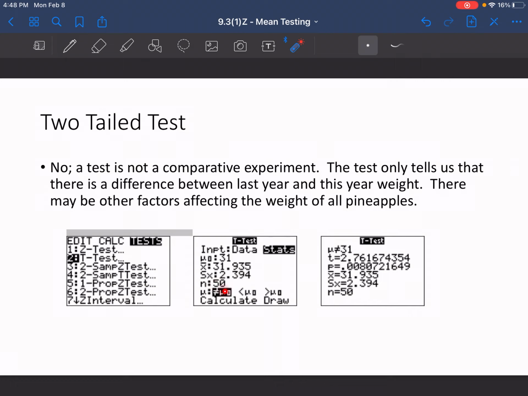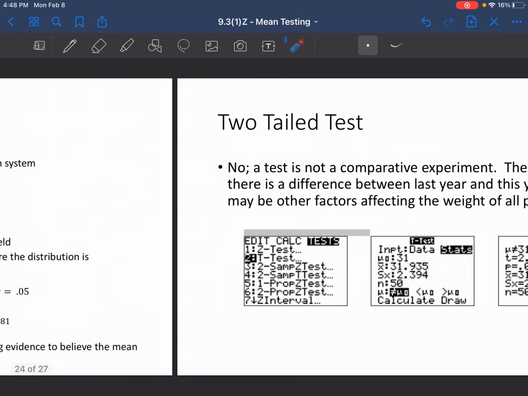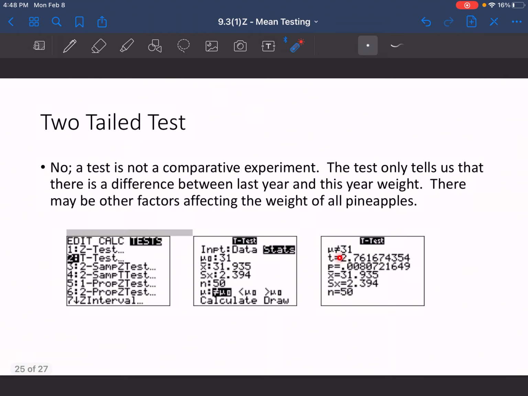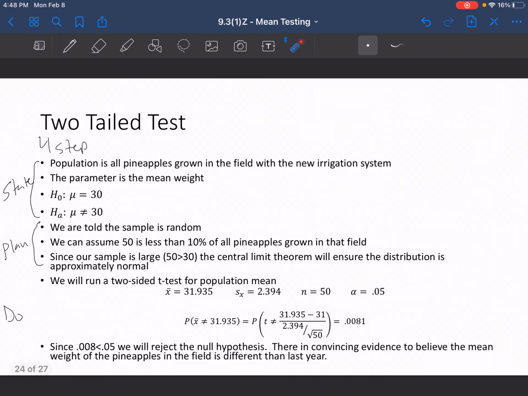And then we want to make sure that we are testing our alternate hypothesis against saying that it's just different from our null hypothesis, so it's not equal to our null hypothesis. And what that gives us is a t-value of 2.762 and a p-value of 0.0081.